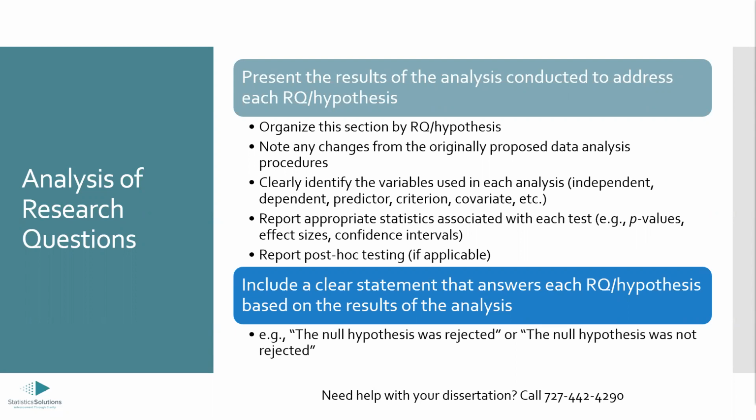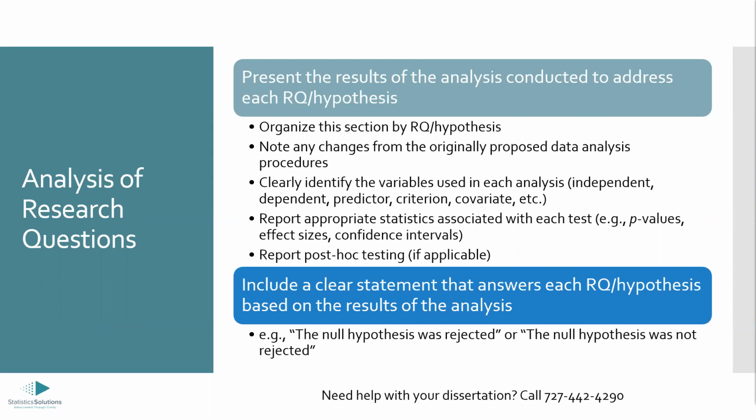And similar to your data collection procedures, in your methodology chapter, you will have outlined a data analysis plan or proposed data analysis procedures when you're in the proposal phase of your dissertation. But it's possible that between your proposal phase and after you did your data collection, the analysis that you had to do has changed.